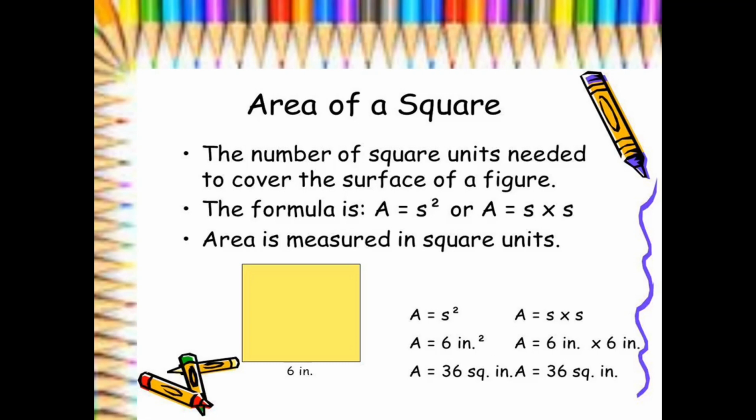Now here one square is shown to us in which the side of the square is 6 inches. So its area will be given by S square, that is S multiplied by S, and in place of S we will write 6 inches. So we will have A as 6 inches multiplied by 6 inches. So area is equal to 36 square inches. Hopefully it is clear to you.